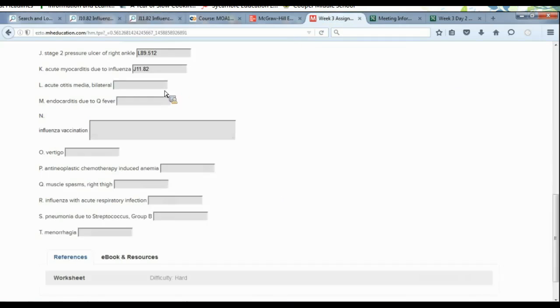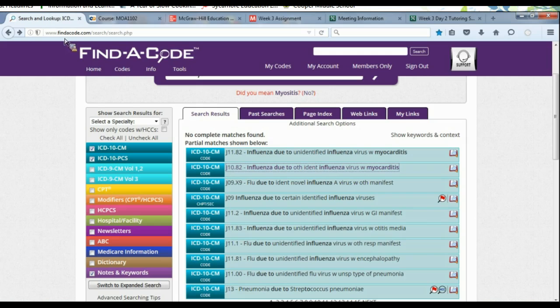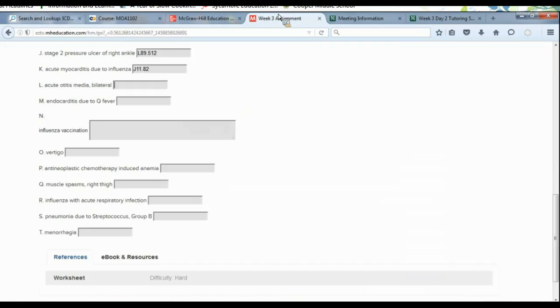Correct code rather. Okay. All right, moving on to letter L, we have acute otitis media bilateral. So again, in this case, what I do is I'm going to type in otitis media bilateral, okay? And because again, acute, let's go with the major specifics here, okay? In the diagnosis. So otitis media bilateral.